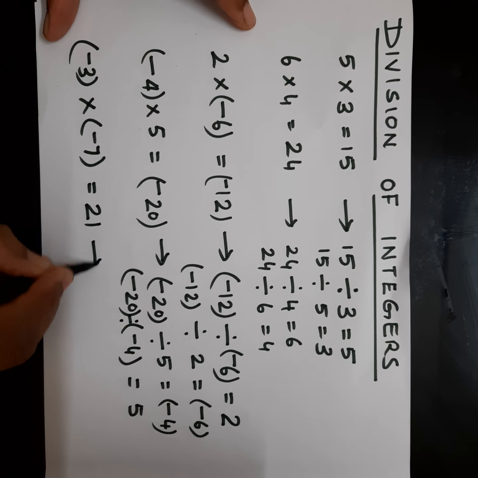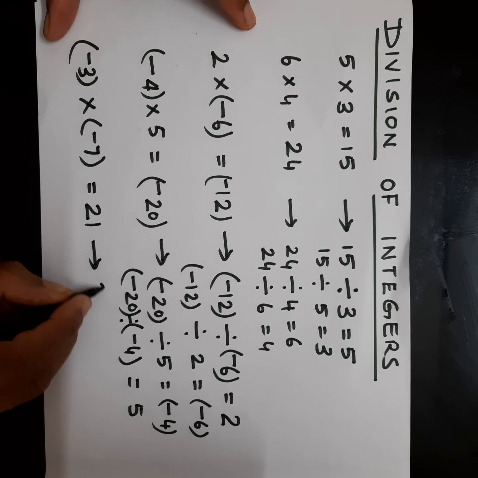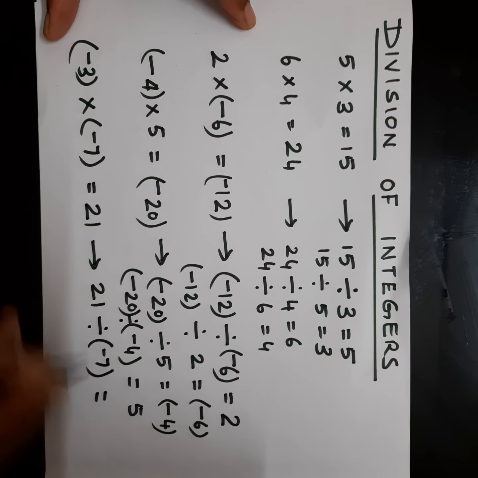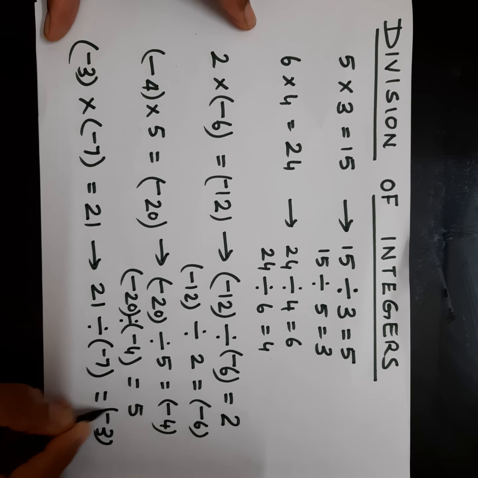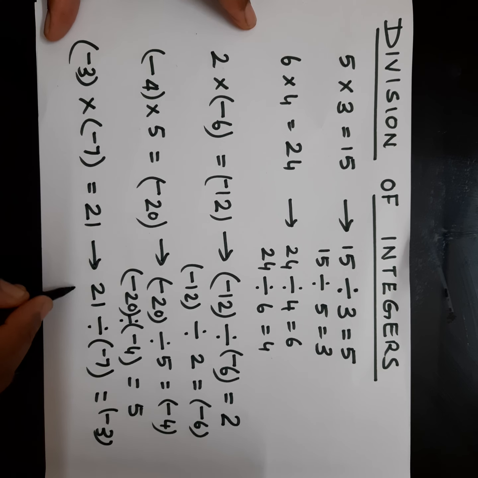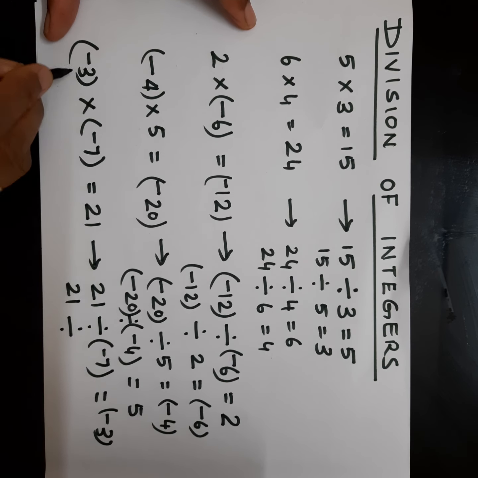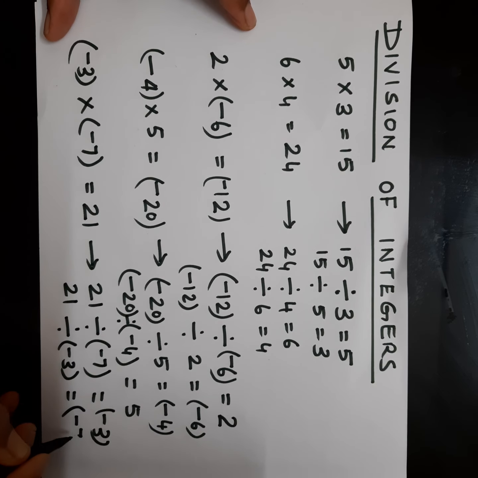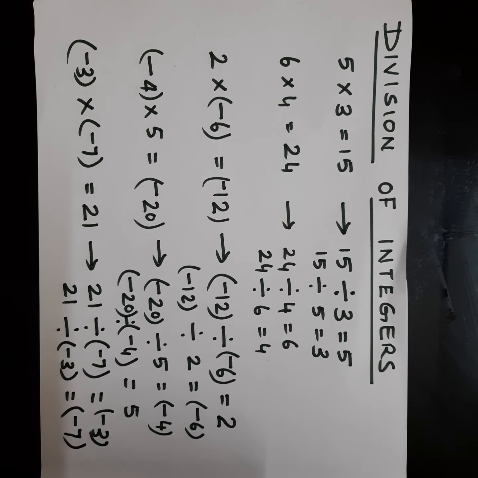So let us try the two division facts. 21 divided by minus 7 is equal to minus 3. Second one is 21 divided by minus 3 is equal to minus 7. So these are the division facts.